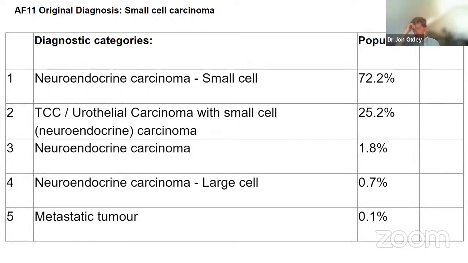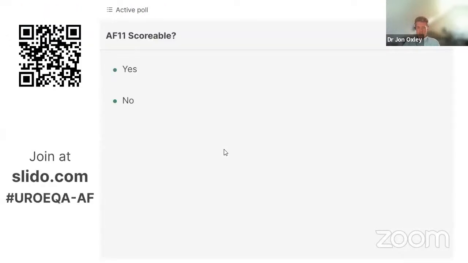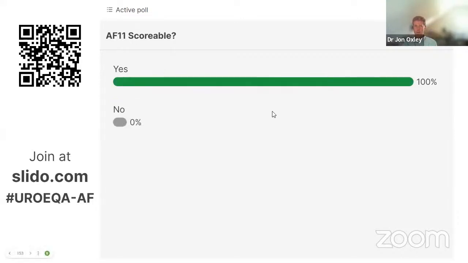And then metastatic tumor, that presumably is a differential diagnosis, and I suppose you could argue that possibly right. So we need to score this, and I think it's scoreable, so I'm not going to hang around long. Thank you very much.